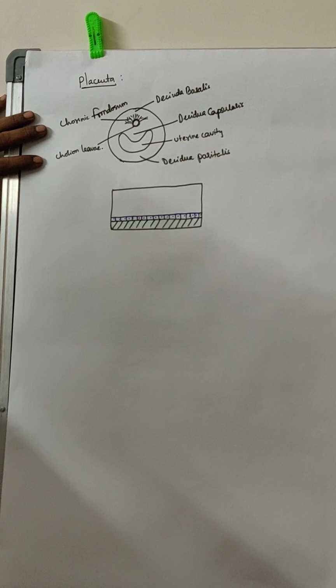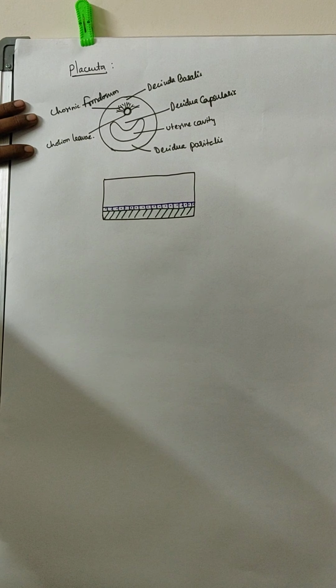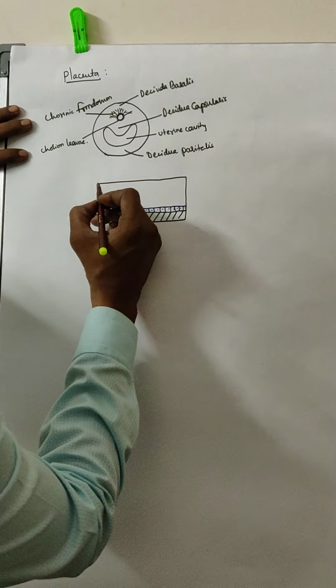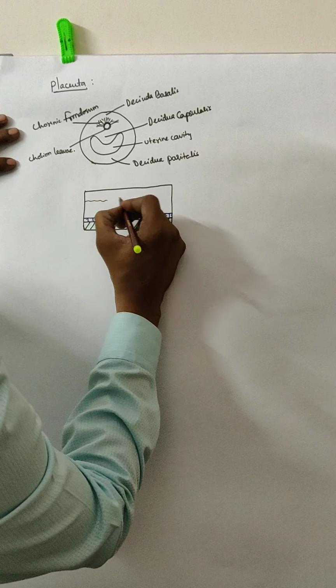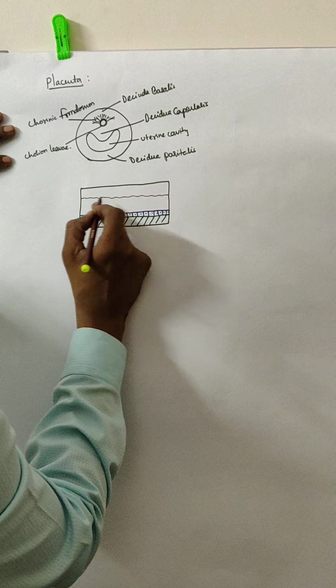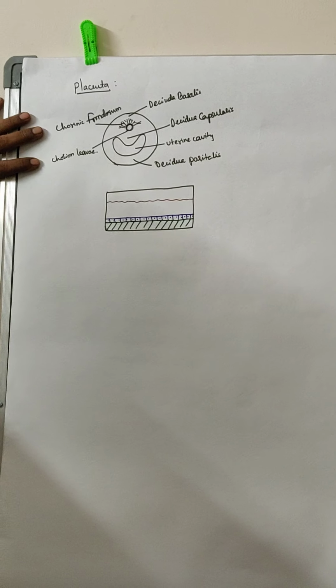And just above this cytotrophoblast, there is another layer which will invade into this decidua, called the syncytiotrophoblast. This whole region is called the syncytiotrophoblast.